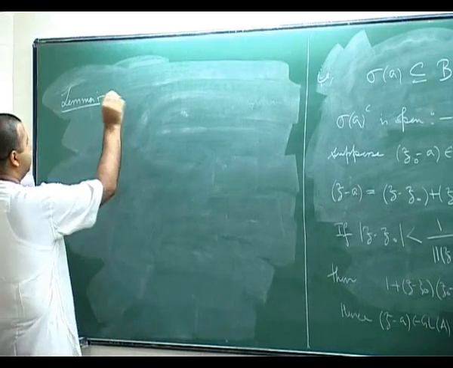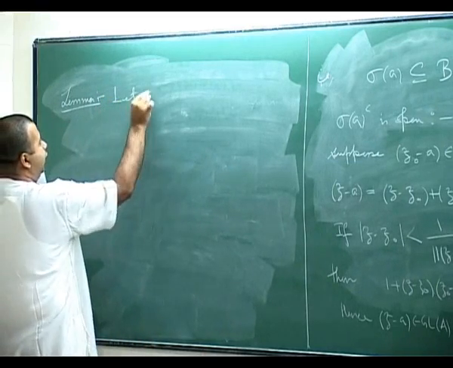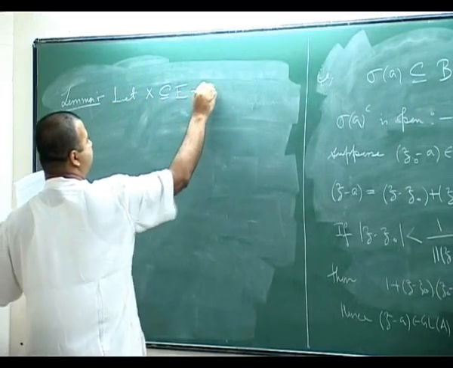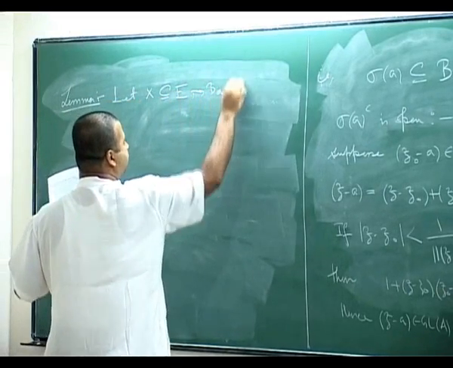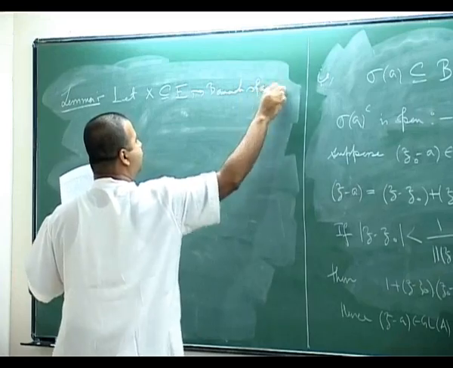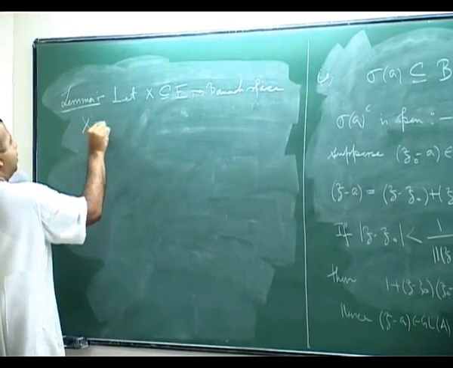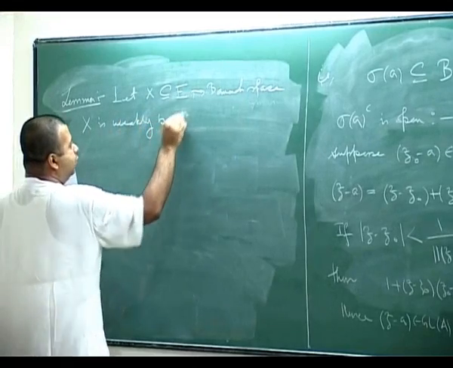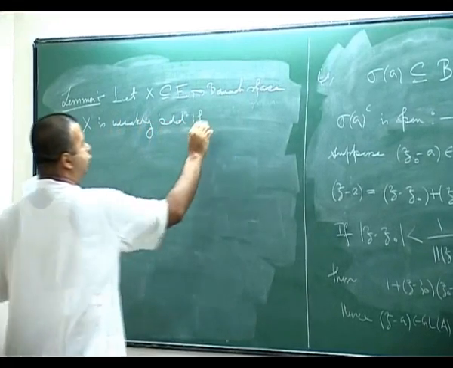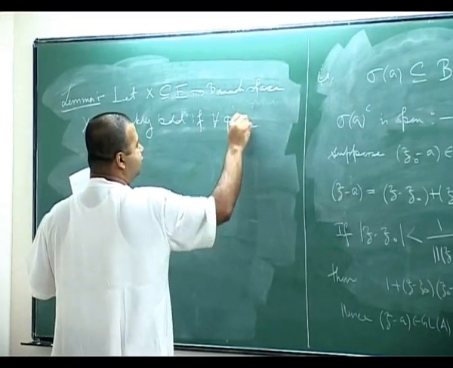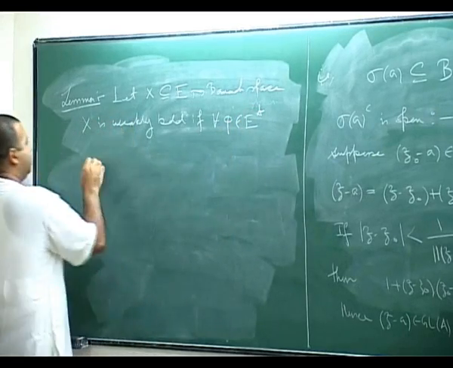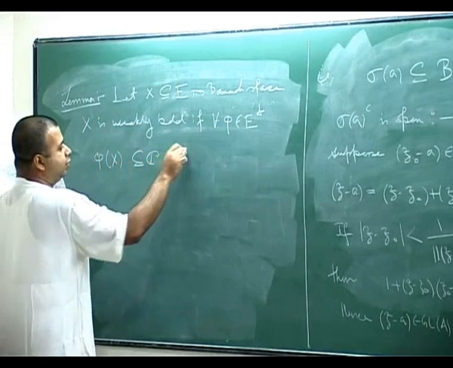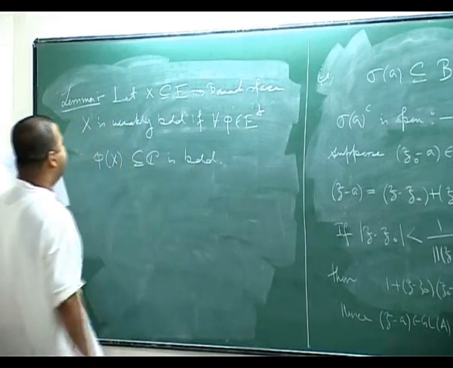This is useful. Let X be a subset of a Banach space E. X is weakly bounded if for all phi in E star, the set phi of X is bounded.